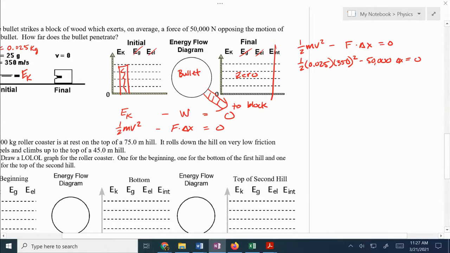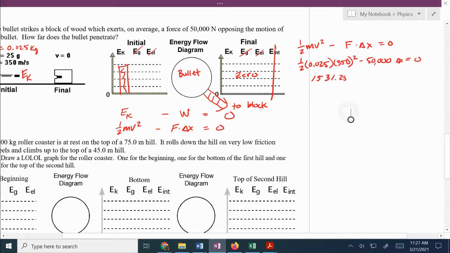Calculating that out, 0.5 times 0.025 times 350 squared gives me 1,531.25 minus 50,000 delta x.